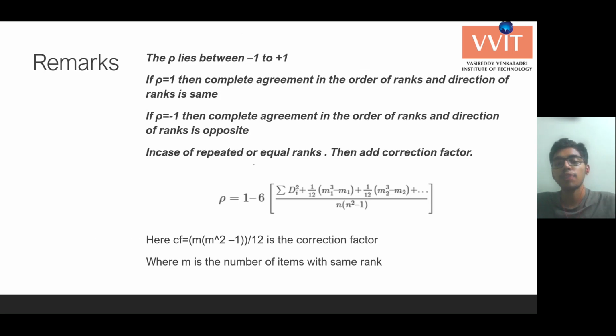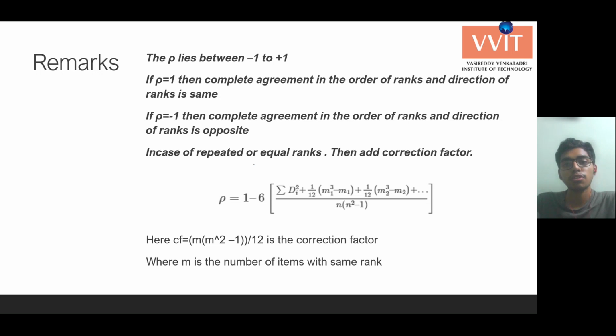Let us see some facts about it. Generally, rho lies between -1 and +1. If rho is +1, there is complete agreement in order of ranks and the direction of ranks is the same. If rho is -1, there is complete agreement in order of ranks but the direction of ranks is opposite.